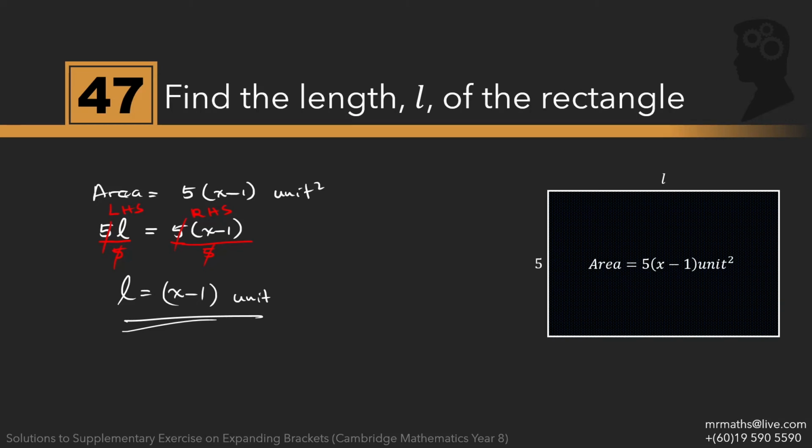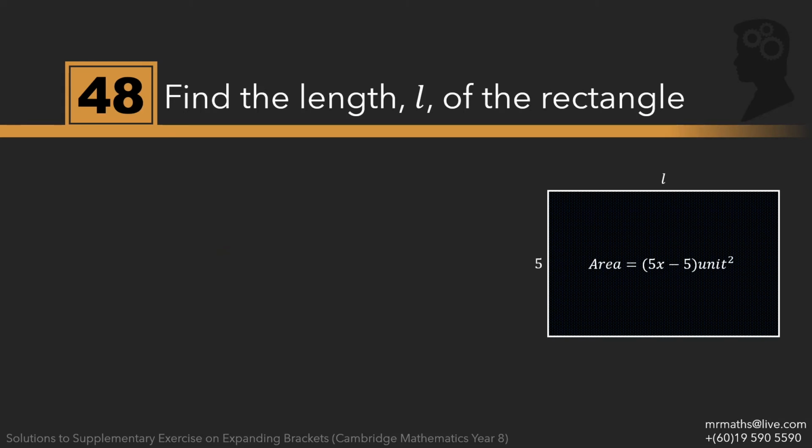Let's move on. Question 48. We are going to find the L again, the length. Area is given. The area is equal to 5x minus 5 unit squared. And for the formula, the area of a rectangle is width times length, so that is 5L.